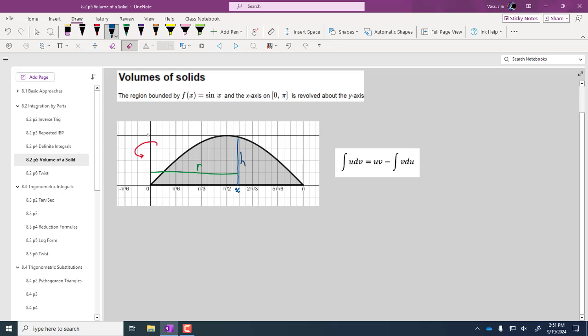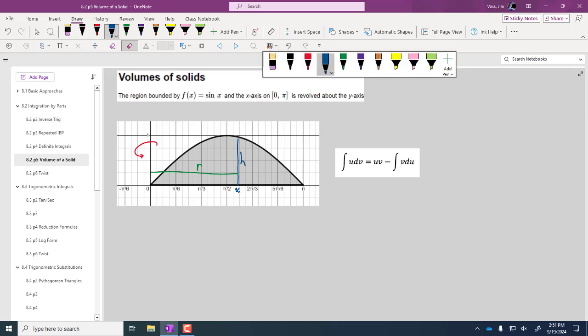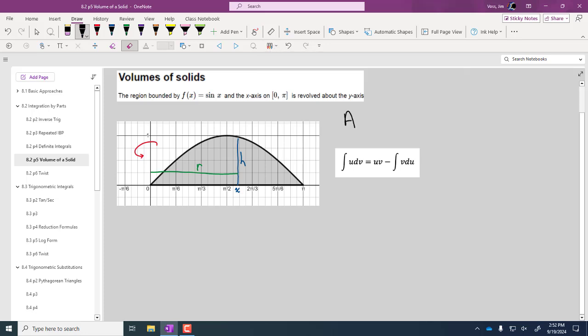So the blue line rotates around the y-axis. The green line is the spoke, right? That's reaching from the axis of rotation out to the shell. All right. So the area of a shell is 2 pi RH.